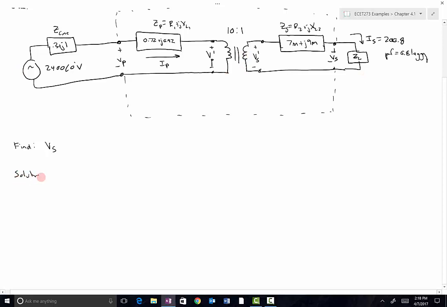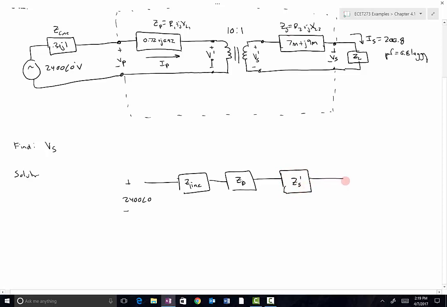We've got plus minus 2400 at angle 0. That's the input end. We've got Z line, we've got ZP, we've got the secondary referred to the primary, that's ZS prime. And then we've got our load impedance, ZL prime.